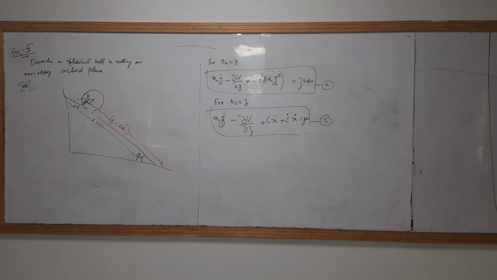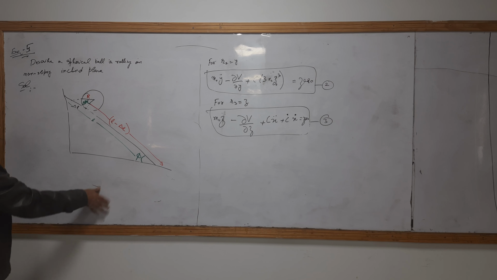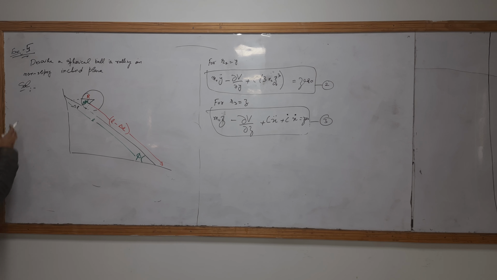For this system you have a constraint. What constraints are you applying? Because it is a rolling ball, delta L will be equal to R delta theta.